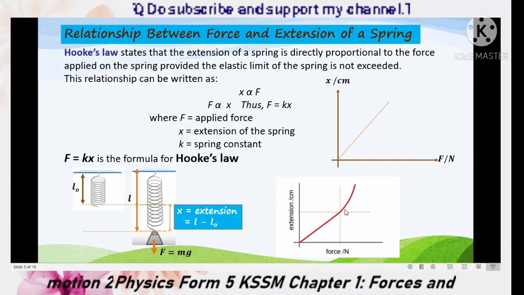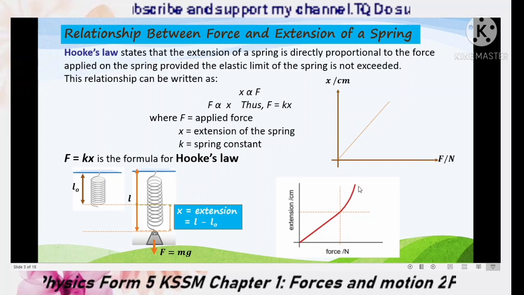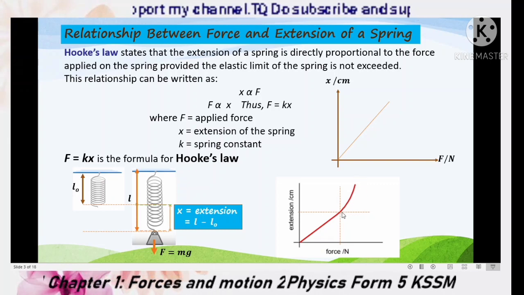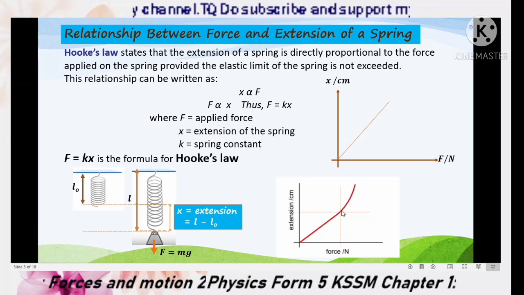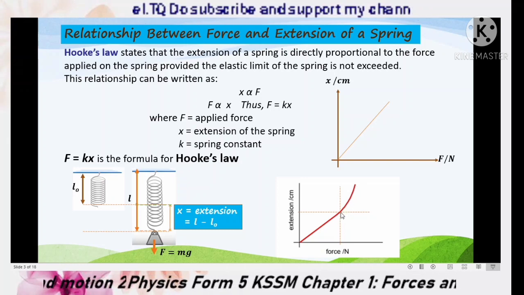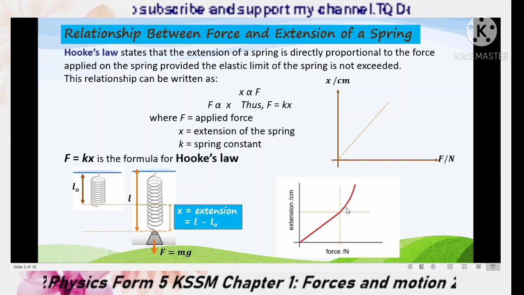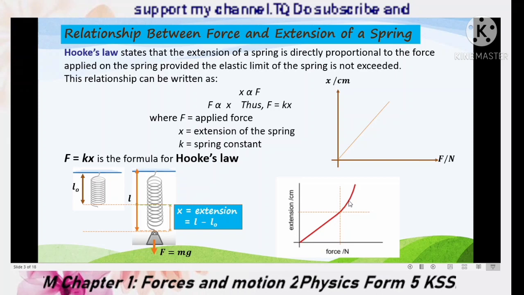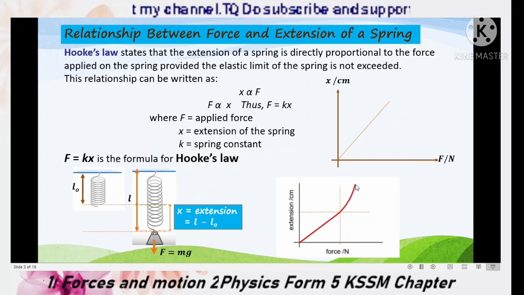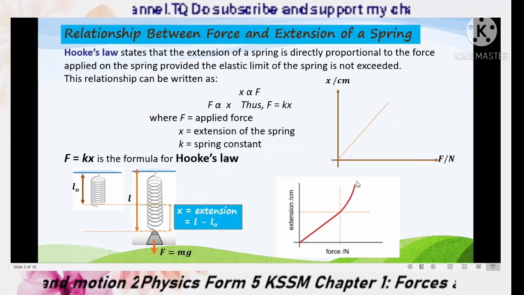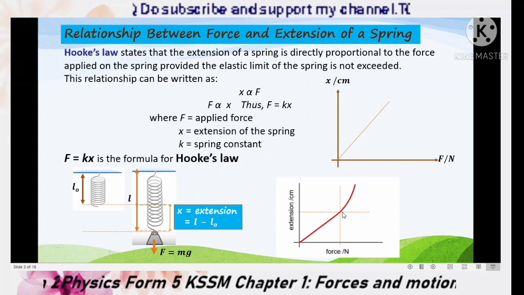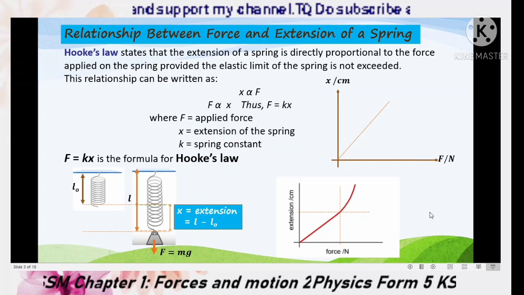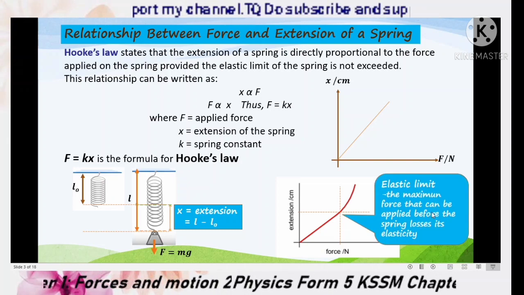The curved part shows that the spring has already lost its elasticity. Meaning, after this point, when you apply the force and then remove the force, the spring cannot return to its original length because this part already exceeds the elastic limit. So where is the elastic limit?